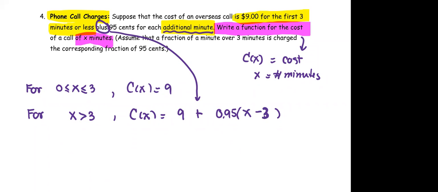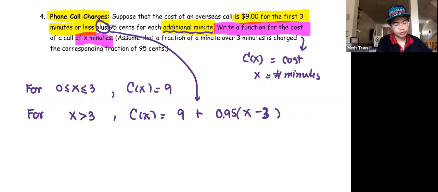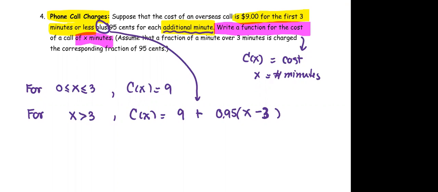Does it make sense? Okay, I'm going to put the note here as this is the additional minute. And the 3 is just accounting for the 3 minutes you've already spent. Right. So this is for the first 3 minutes.